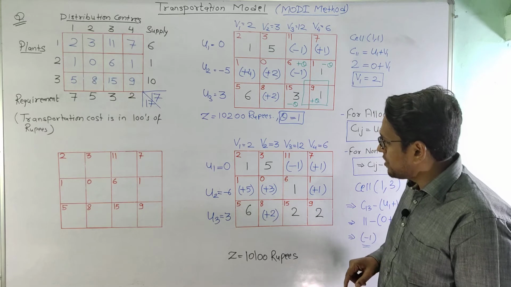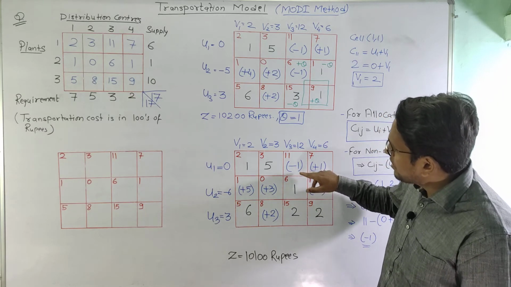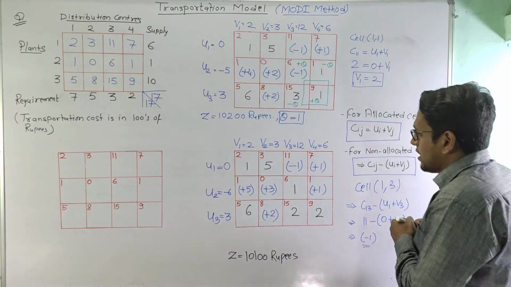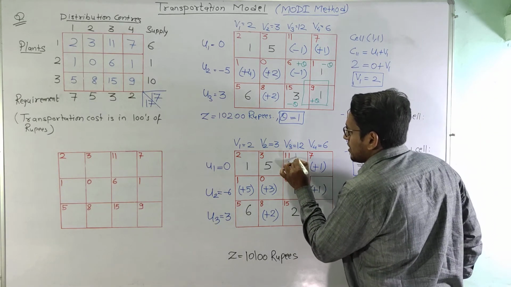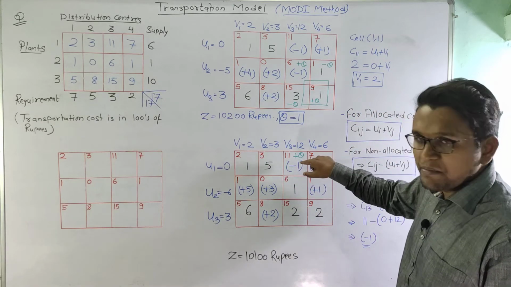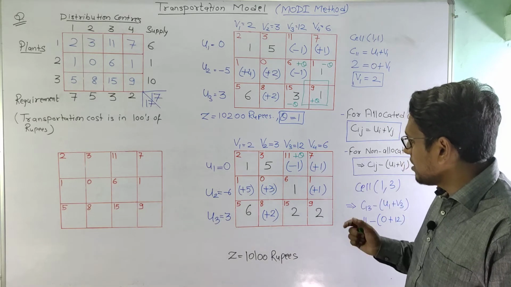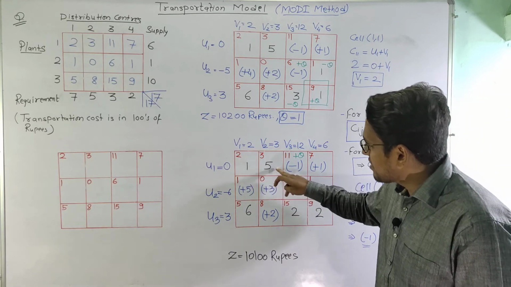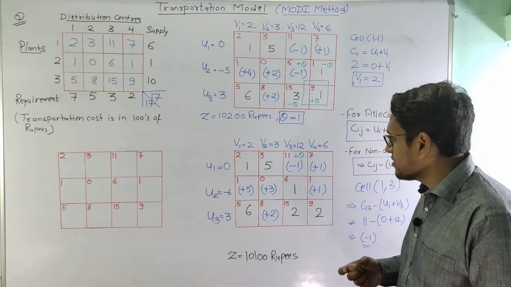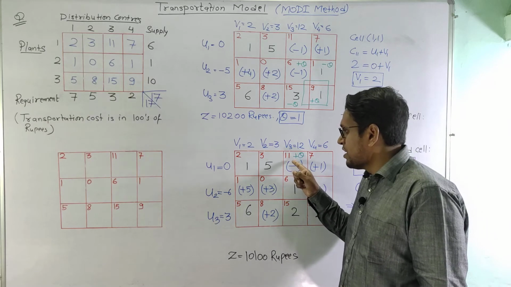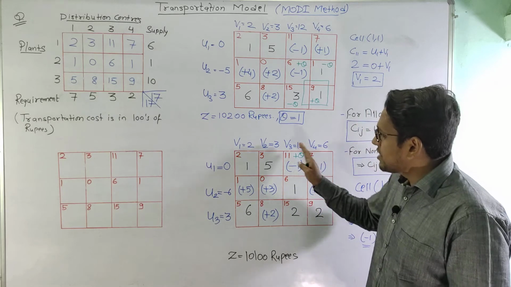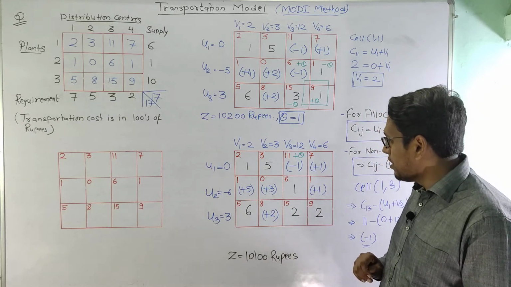So what we are going to do is, we are going to allocate here. So let us allocate the value theta. Theta is the maximum possible allocation that can be made in this particular cell. Now we can also see that previously there were 6 allocations, which is equal to m plus n minus 1, and by increasing this allocation it will exceed m plus n minus 1 allocations, and now this will definitely form a loop.